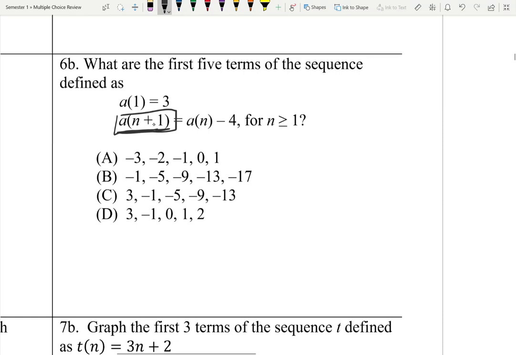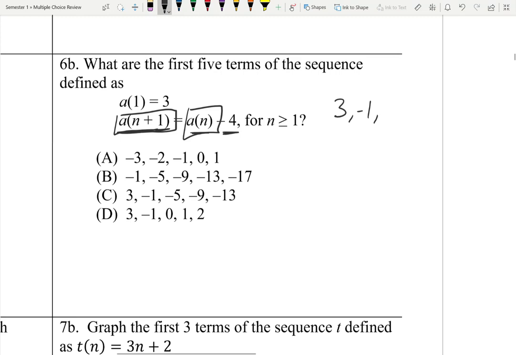So what this is saying is that the next term equals a of n minus 4. So our next term equals the term we're on minus 4. If our first term is 3, the next term is going to be the term we're on, which is 3 minus 4. So what's 3 minus 4?